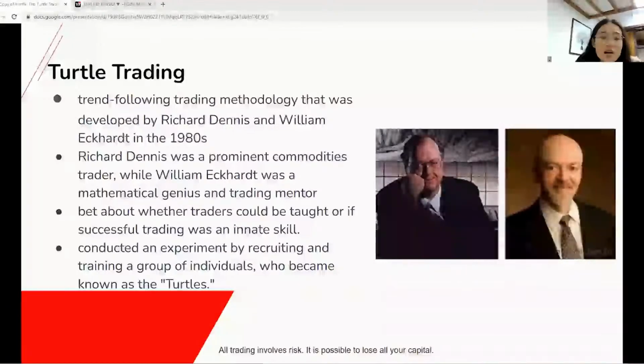Richard Dennis believed that successful trading could be taught, while Eckhardt believed it required natural talent. Dennis, known for his colorful personality, famously said he could teach anyone to trade successfully if they followed specific rules. The experiment was aimed to prove his point. And this actually came after a trip to Singapore where they saw a turtle farm.